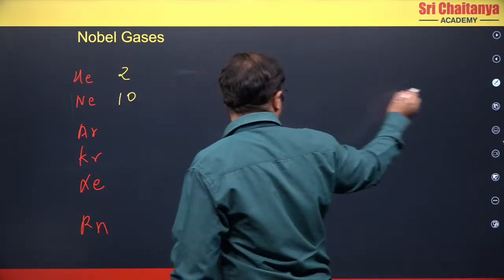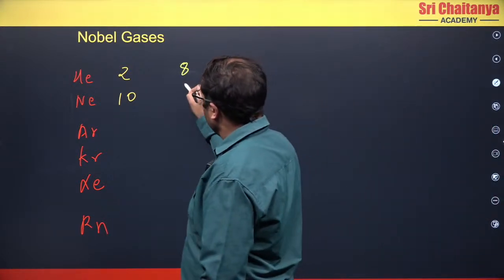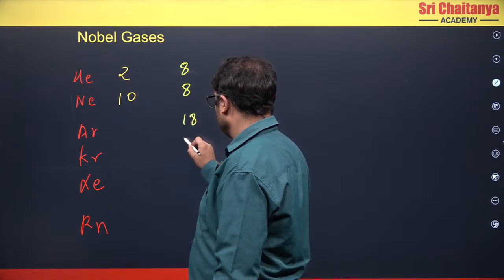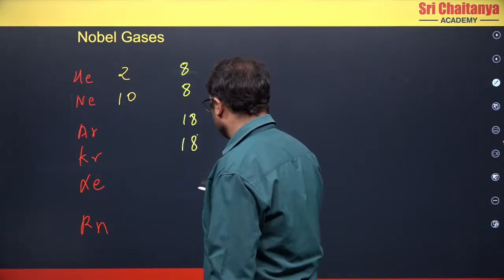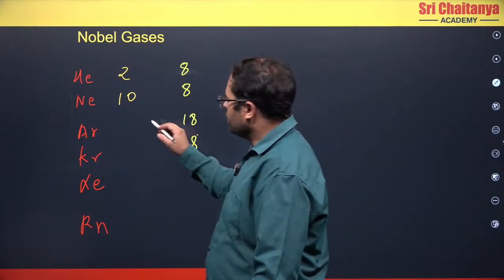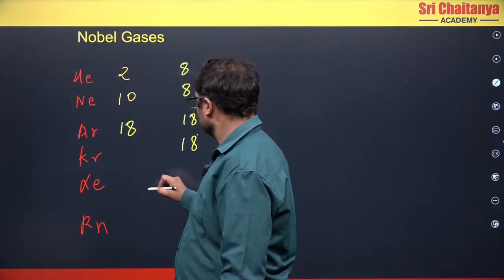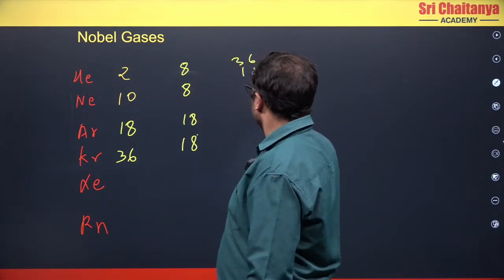So there are numbers for getting that. 8, 8, 18, 18. So 10, 18, 36. So you have 36 plus 18.